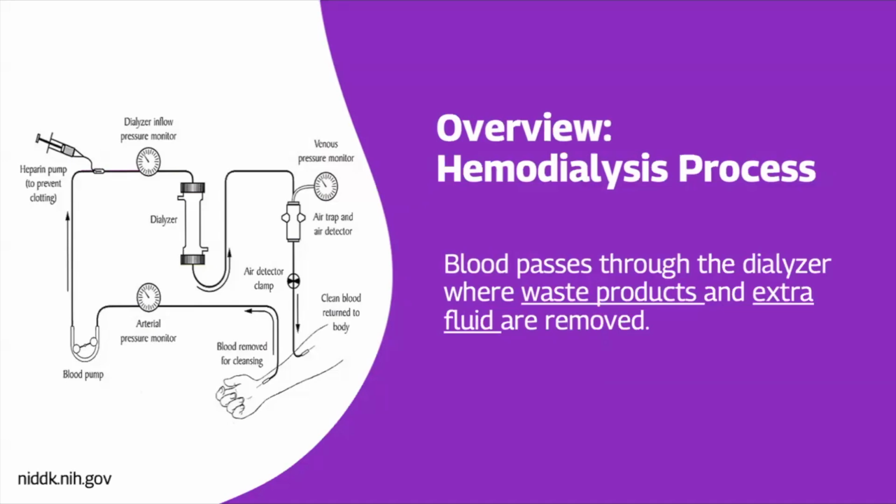You see where the needle goes in near the patient's hand, and the blood pump is pulling blood from that access into the circulation through the dialyzer, and then back to the patient through the other needle that's pointed toward the heart. So, cleaning the blood, the clean blood returns to the body after it's gone through the circuit.